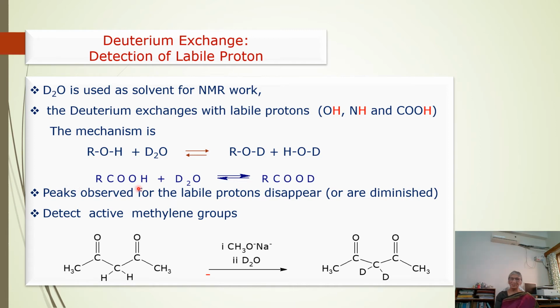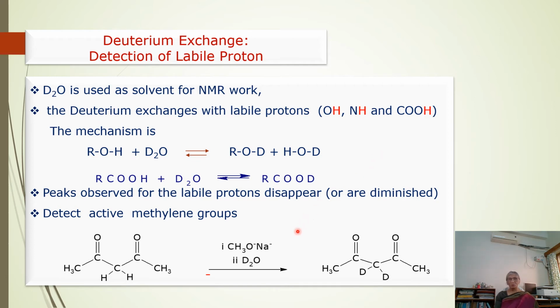Similarly, when acids are treated with deuterium oxide, the acidic proton is replaced by deuterium and the signal from the acidic proton will be absent when the spectrum is taken in the presence of deuterium oxide. So this is a very good method to verify that a particular signal is given by a labile proton.